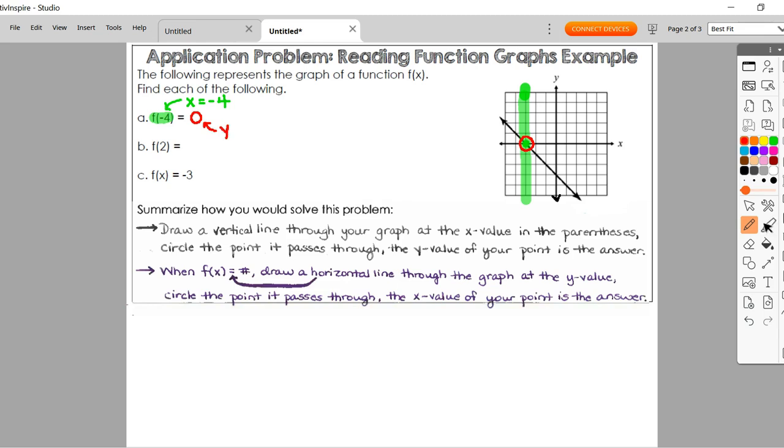Let's do the next one. Next one here, we have f of 2. So remember again, I'm looking on my graph where x will be 2. That's going to go ahead and be here on my graph, and I draw a nice highlighted vertical line through that whole x value. Where I circle is the intersection of that highlighted blue line and my line graph.